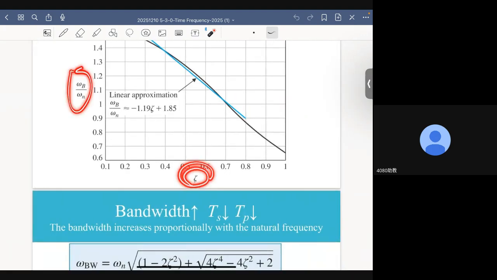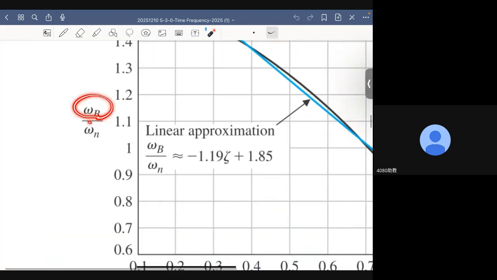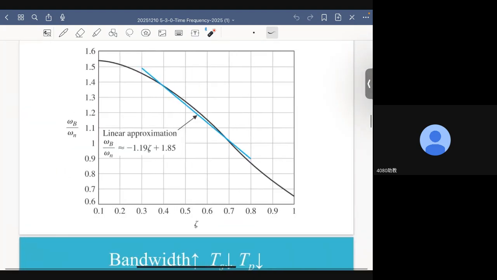The vertical axis is the ratio between bandwidth and natural frequency. As you can see, for a system with a given natural frequency, when the damping ratio increases, the bandwidth becomes smaller. That means bandwidth decreases with the damping ratio.